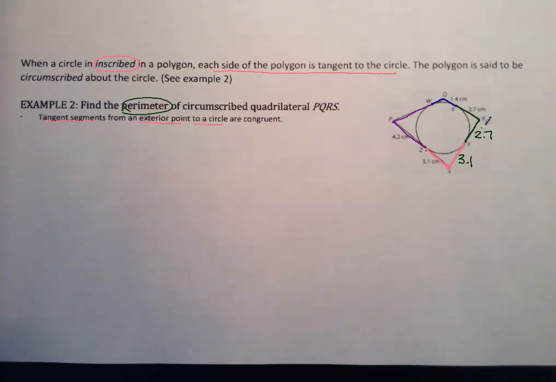Instead of writing 3.1 plus 3.1 plus 2.7 plus 2.7, you could take the 3.1 plus the 2.7 plus 1.4 plus 4.2, and each of those is doubled. So add all that up, and then multiply the whole thing by 2. That will give you your perimeter.